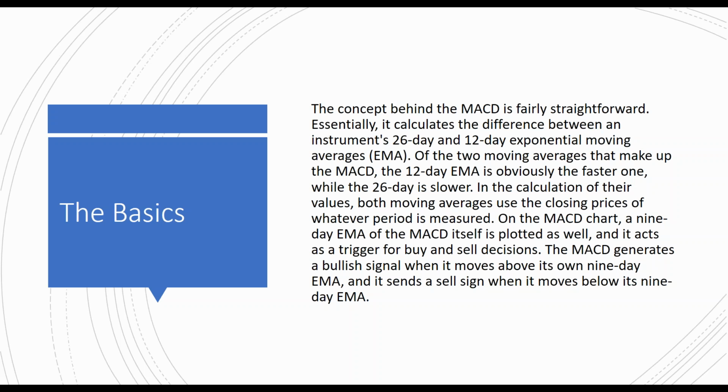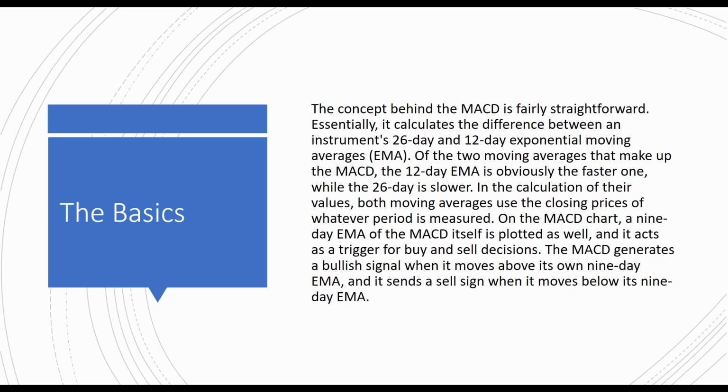So if we were using gold, and gold was 1200, 1200, 1200, so the 12-day moving average was 1200, and we were using gold back to 26 days, and 26 days ago it was trading at 1250, 1250, 1250, 1250, then it dropped to 1200, 1200, 1200, and the moving average over that 26-hour period was 1218, say. We would take the difference between the 1218 and the 1200, and that would give us what? 18. So that would give us a MACD at 18.